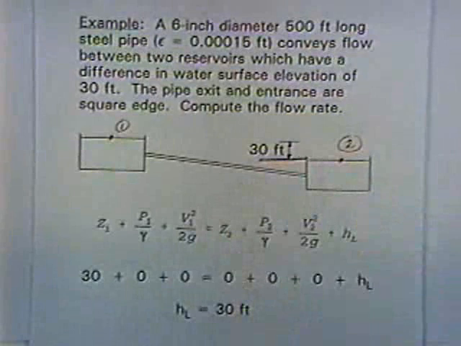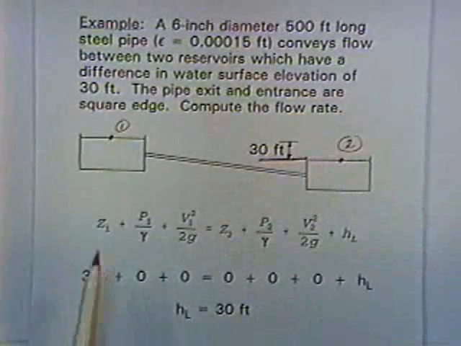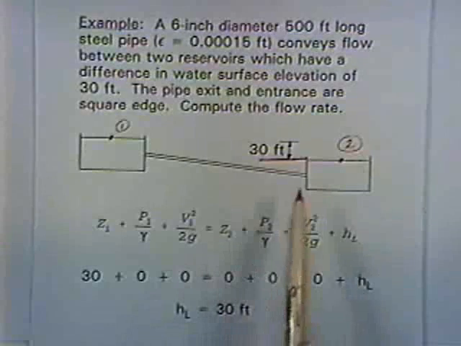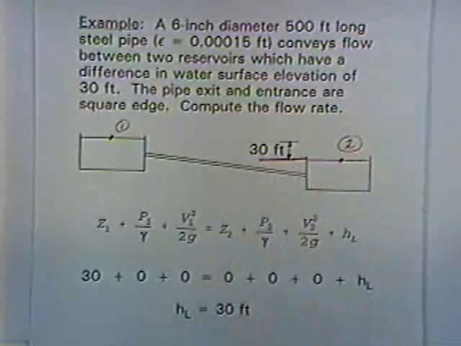And if we do it that way, then that means Z1 is 30. The elevation head at point 1 is 30 feet above the reference datum. The pressure is atmospheric pressure, which is 0. We're using 0 atmospheric pressure as our reference for gauge pressure. We're assuming the reservoir is big enough, there's no flow of water, so the velocity head's 0. Z2 is 0 by virtue of the way we've defined our reference datum for elevation.